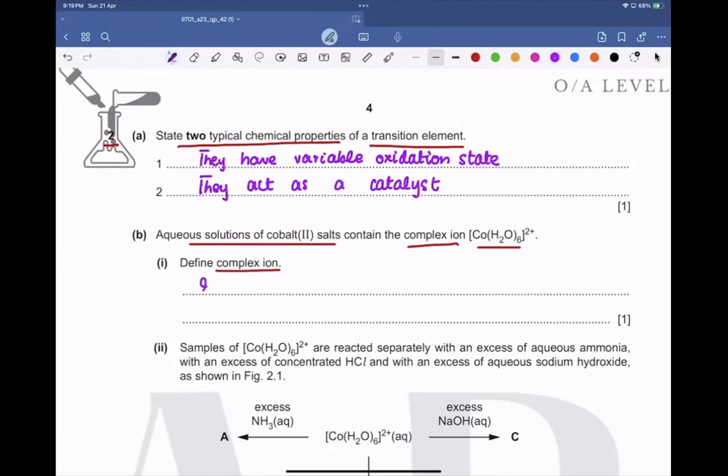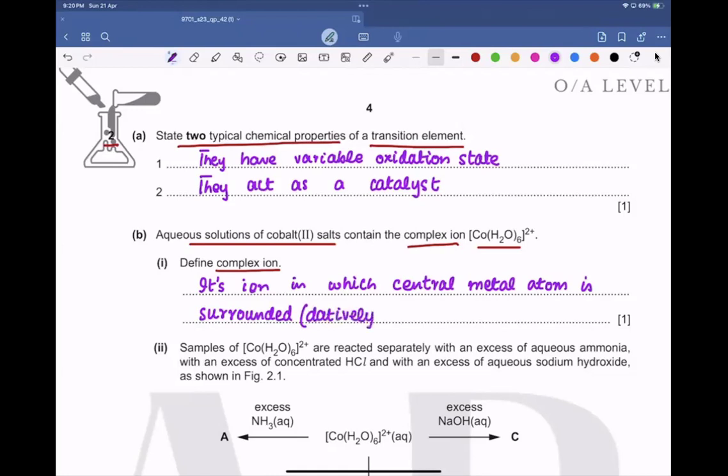So we can state its definition like, it's an ion in which a central metal atom is surrounded, or instead you can write datively bonded, with ligands. Is this understandable to all of you?